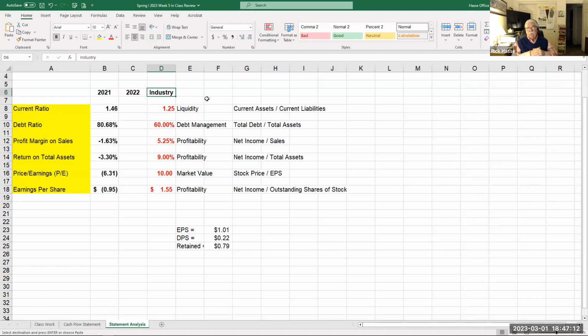And there's 6 main areas that I want you only to concentrate on in regards to financial statement analysis. It's current ratio, which is a liquidity ratio, a debt ratio, which is a debt management ratio, a profitability ratio on sales and on assets, market value, and earnings per share.